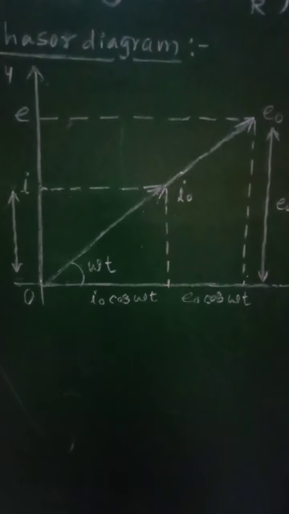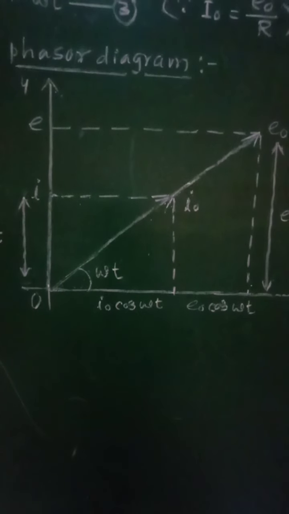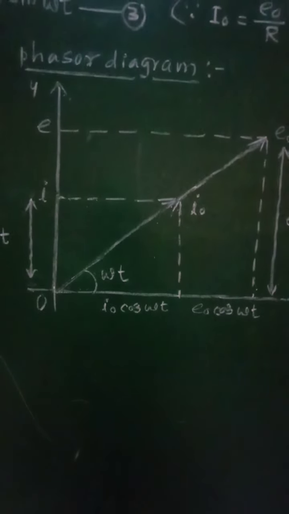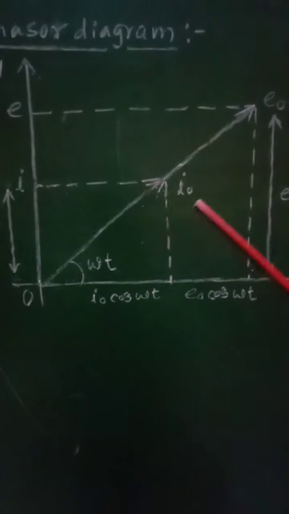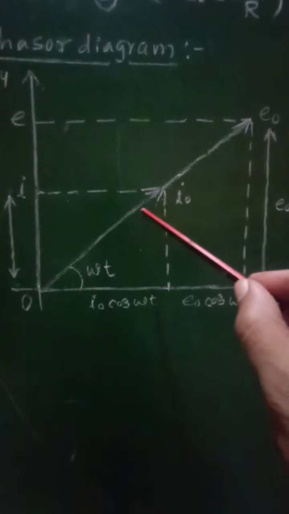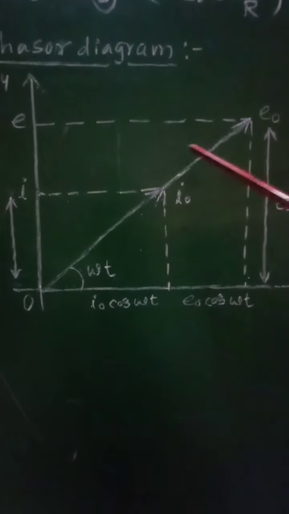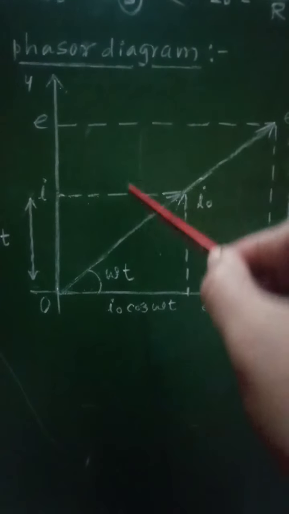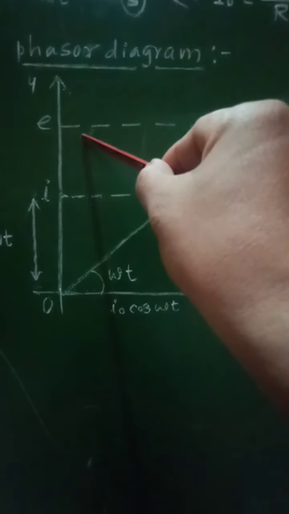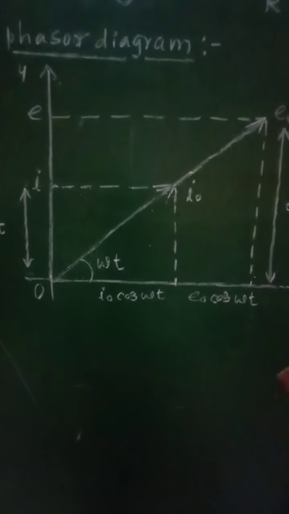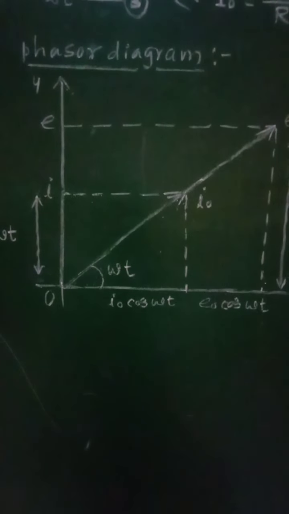Now in this case, their projections on the vertical axis give us the instantaneous values of EMF and current. For simplicity we have drawn the projections of the phasor for current as well as the phasor for EMF on the vertical axis, so this E represents the instantaneous value of EMF and I represents the instantaneous value of current.